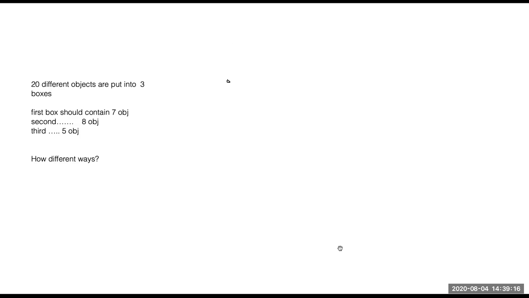The answer is not 20 factorial because the objects can be put in different boxes.